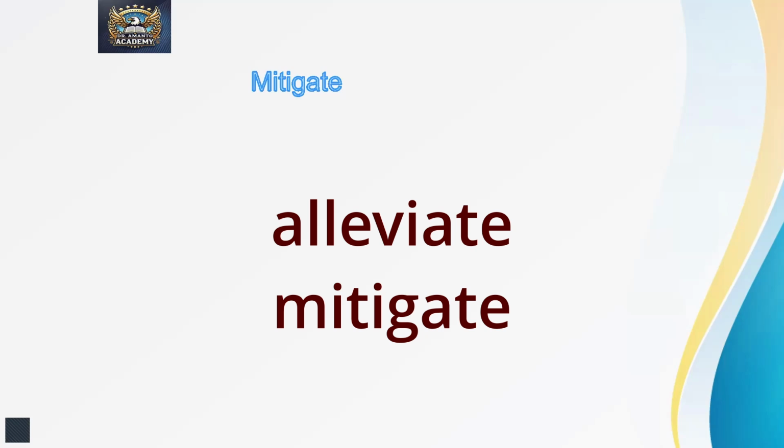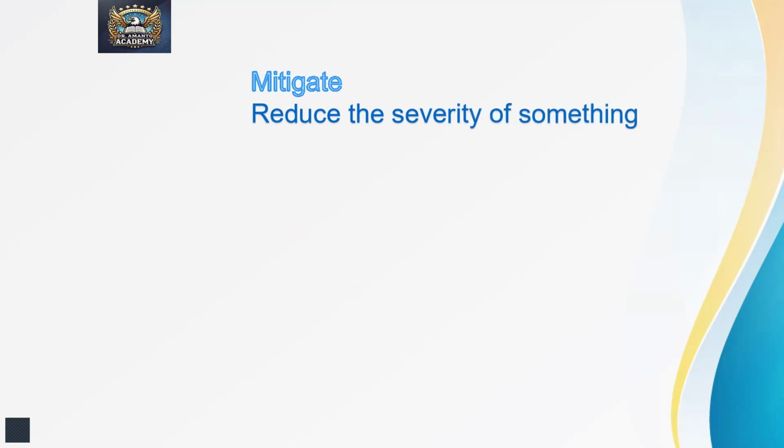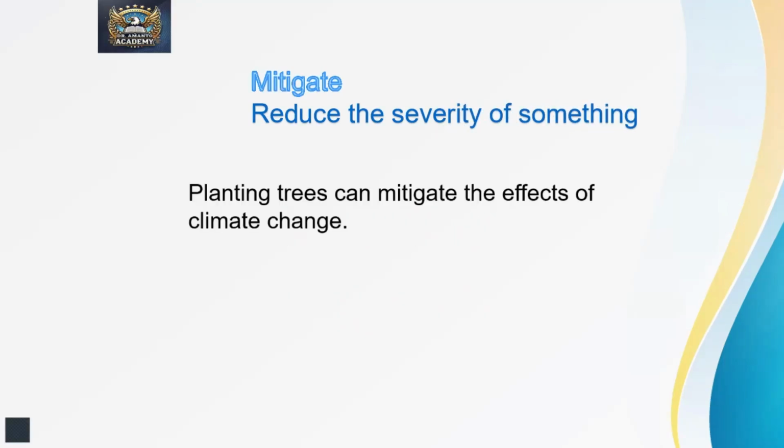But mitigate means to bring down, reduce it, make it less. Like, planting trees can mitigate the effects of climate change, means can reduce the effect of climate change.